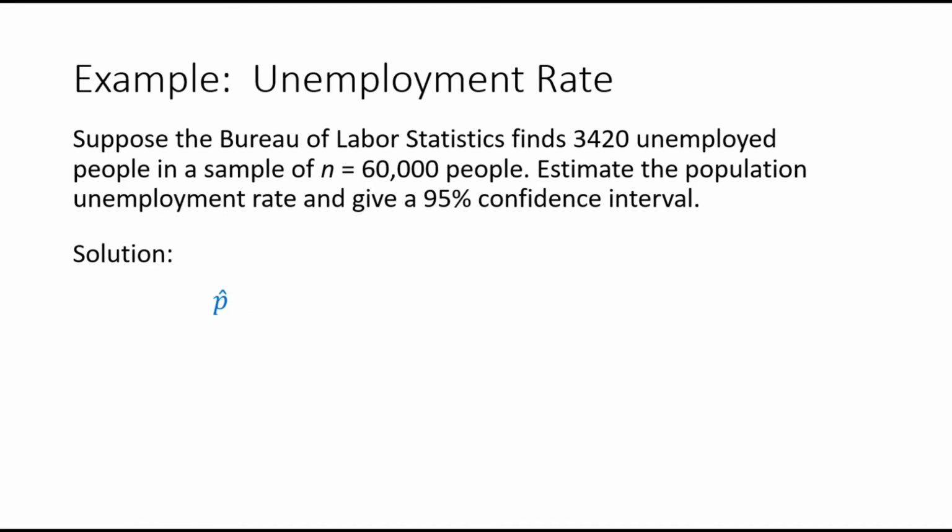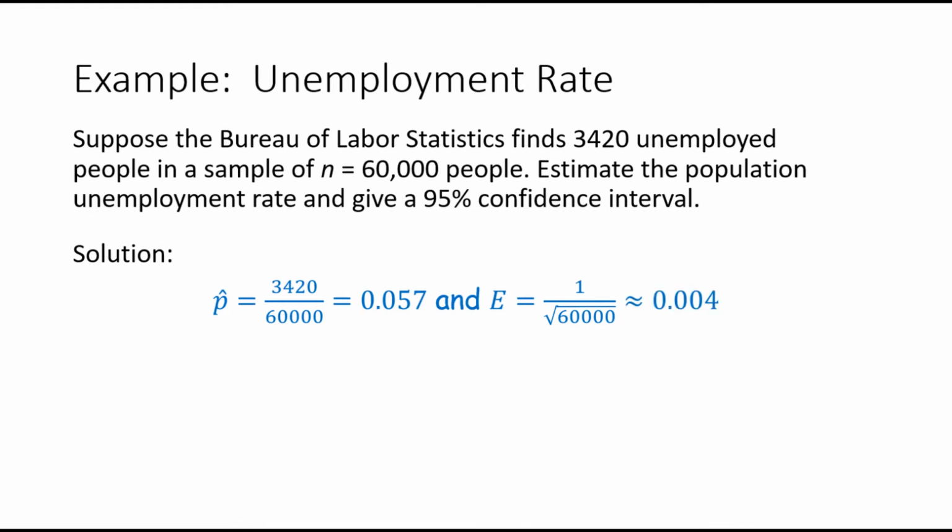That would be the 3,420 of the people selected from a sample of 60,000, which is equal to 0.057, and E, the margin of error, is 1 over the square root of n, which would be 1 over the square root of 60,000. Using your calculator, we compute that is approximately 0.004.